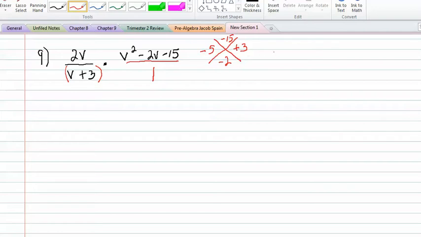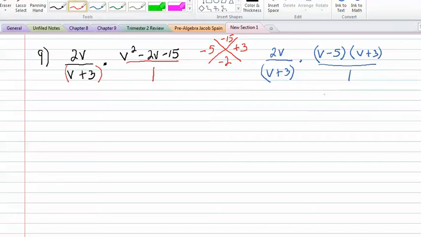So at the top we have our 2v on this fraction, and v plus 3 here. We just factored this one to give us v minus 5 and v plus 3. And it's all over 1.